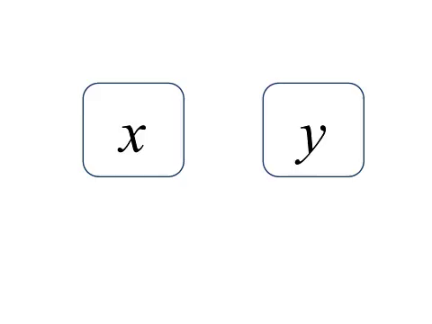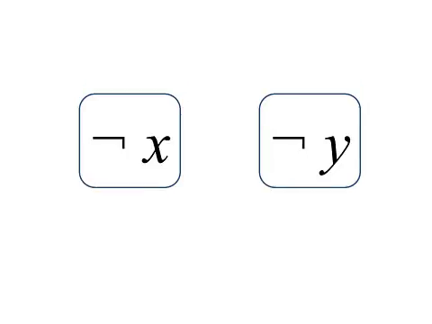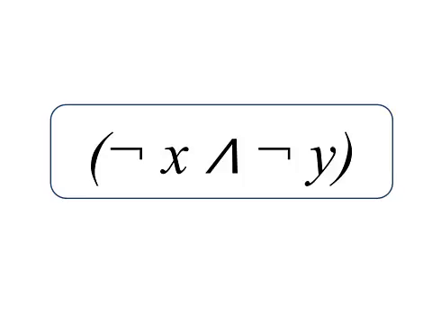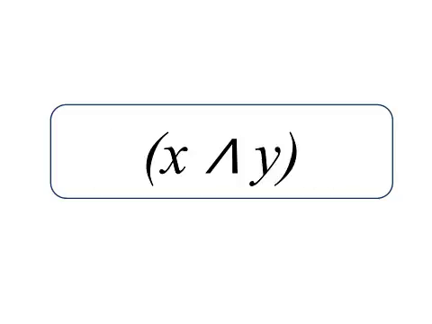So the first step in understanding a complex function is to see what it's made up of. In this case, we have two variables, X and Y. The X and the Y are then combined in different ways. So the first part involves a not X and a not Y, and they're combined together with an AND. The second part just has X and Y together.